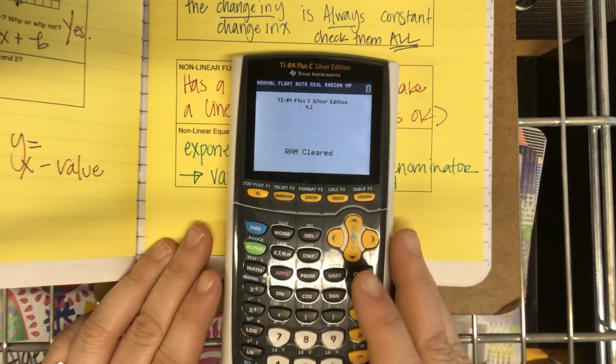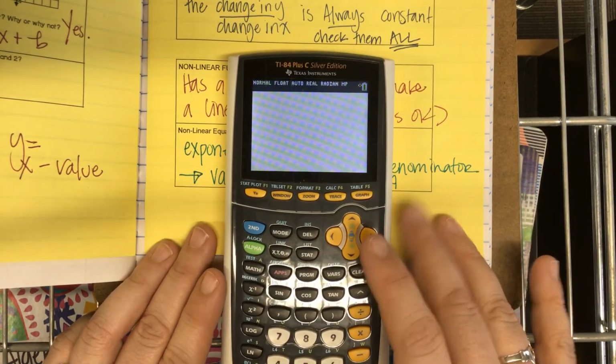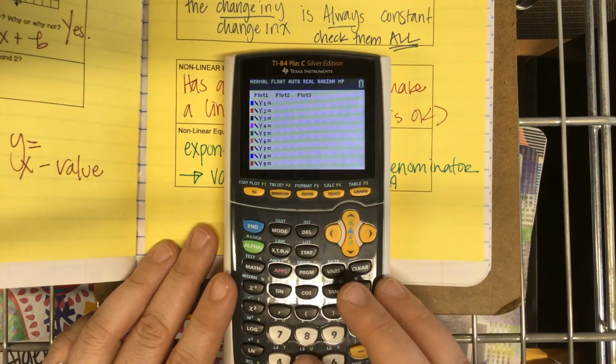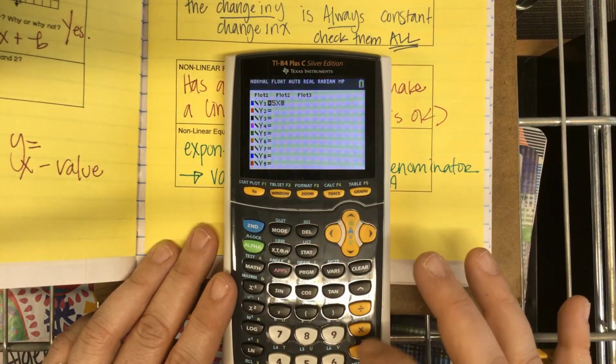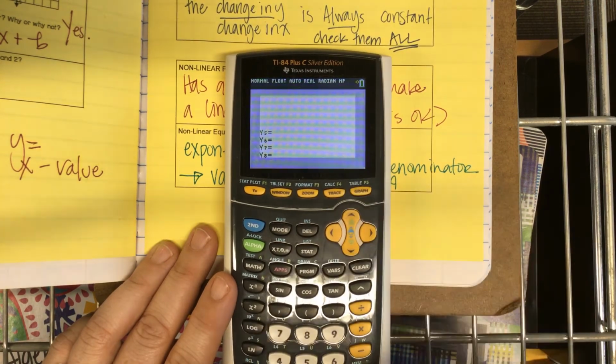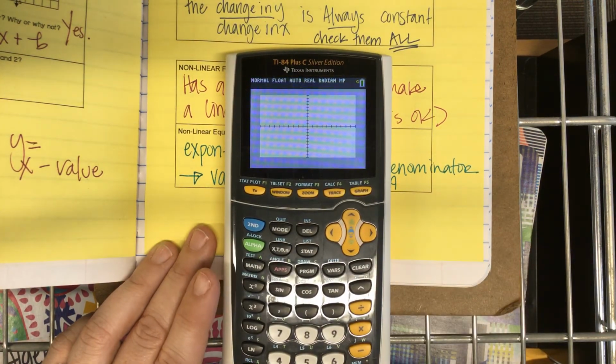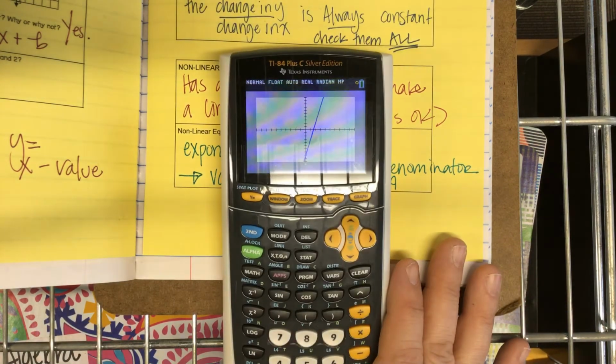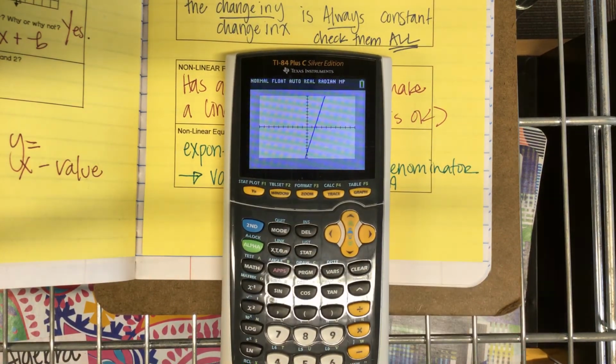All right, I'm going to show you. Graphing calculator, are you ready? This problem is going to be 5x minus 8. And I'm going to graph it. Tell me, linear or nonlinear? Linear.